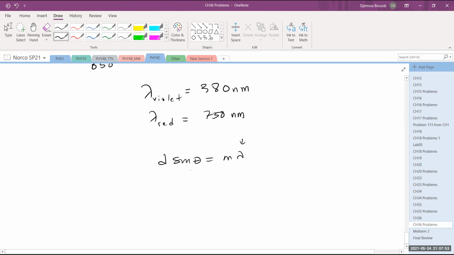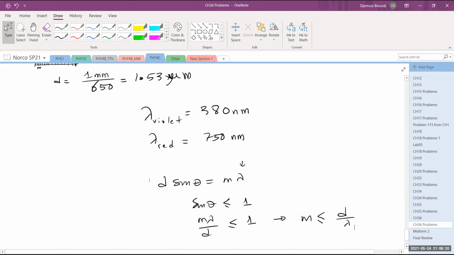Sine theta cannot be greater than 1 in magnitude, of course. I'm taking m positive, so m lambda over d cannot be greater than 1, because that's exactly what sine theta is. So m cannot be greater than d over lambda. This is the maximum order I'm going to have for each one of them.